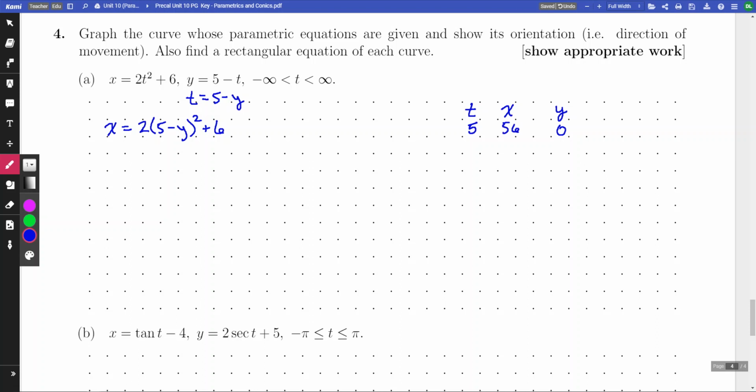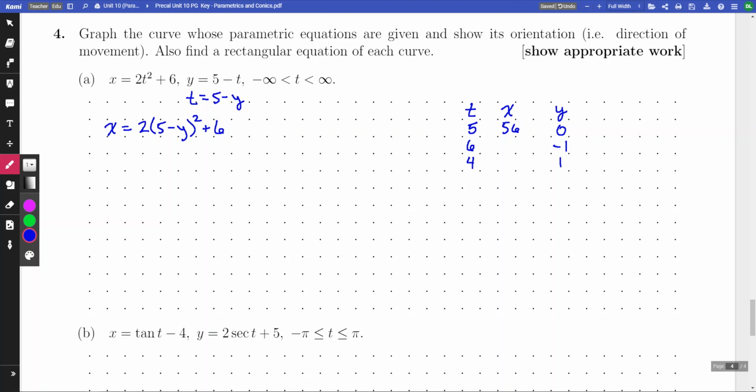Then we might look to choose another t value, and we might say, well, let's consider positive 6 and negative 6, or not positive 6 and negative 6, excuse me. Let's do positive 6 and positive 4 because that would give me one above 5 and one below 5. So for the y values, 5 minus 6 is negative 1, and 5 minus 4 is positive 1.